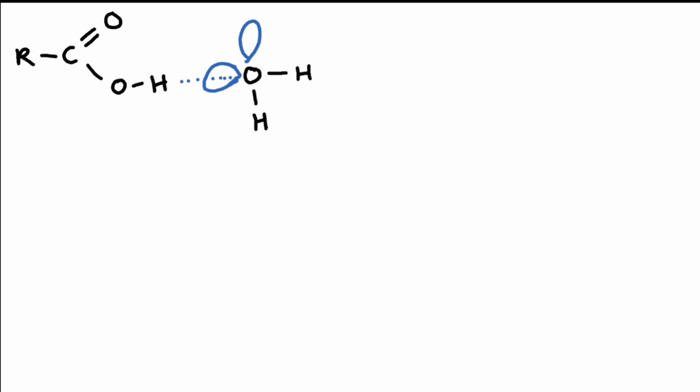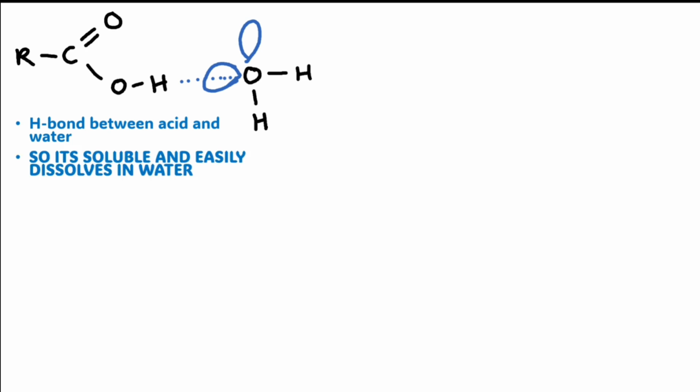As you can see here, there are two lone pairs. That's how you actually draw a hydrogen bond. And there's a hydrogen bond between the carboxylic acid and water. So therefore, it's soluble and easily dissolved in water.